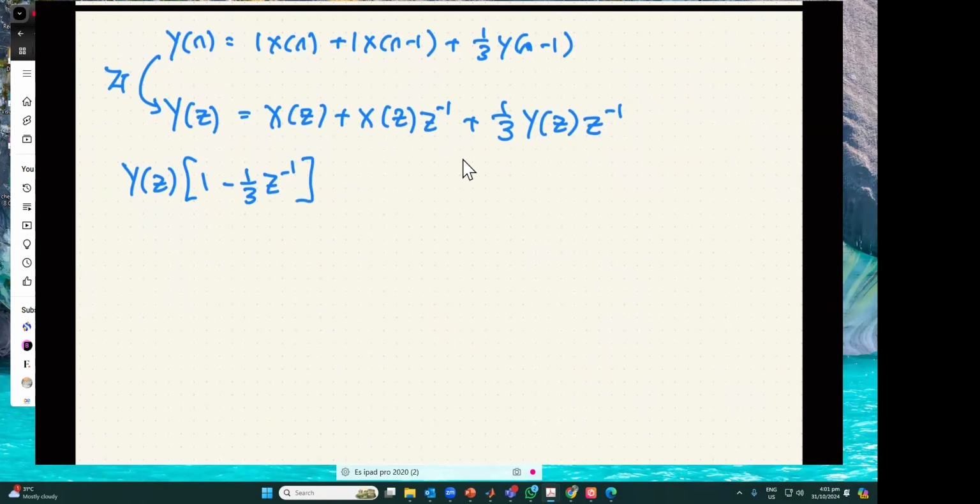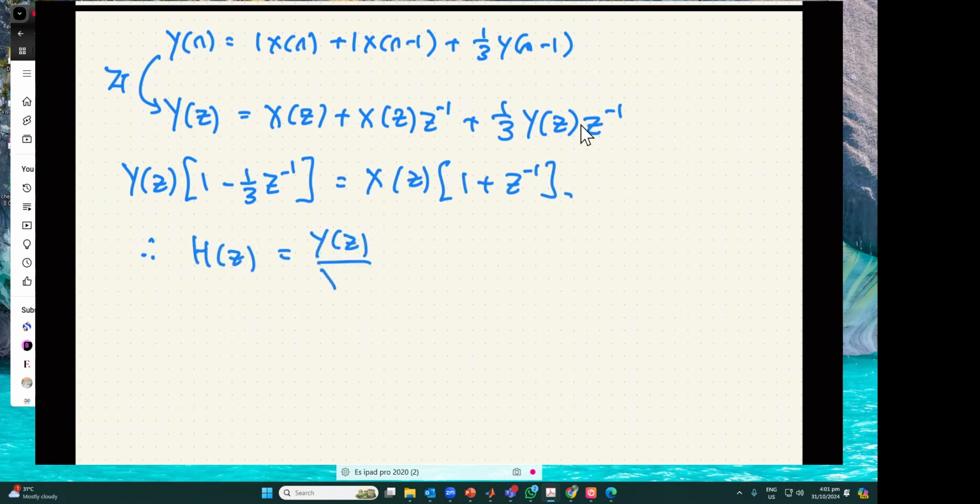Just by brute force you should be doing this. When you move the right hand side plus 1/3, it becomes minus 1/3 z^-1. And we have the transfer function finished, right?